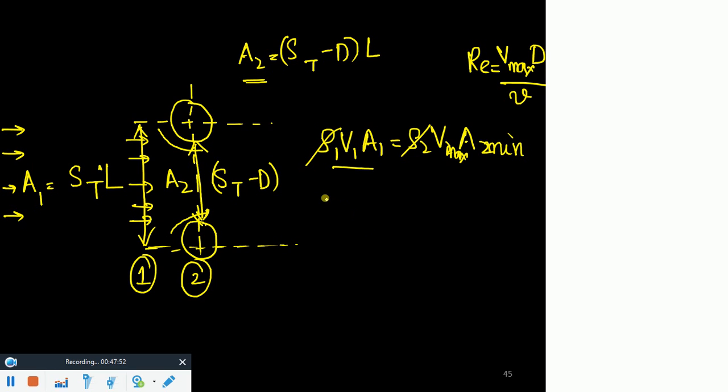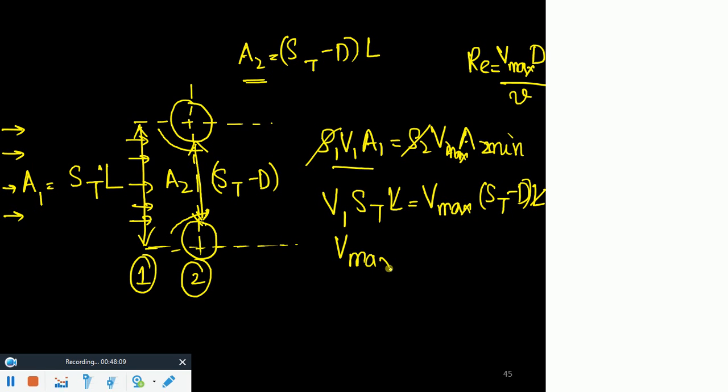So what does that mean? V1 A1, where A1 is ST into L, equals V max times A minimum, which is A2, ST minus D into L. L can be cancelled.